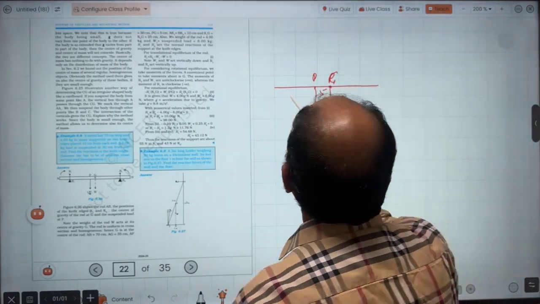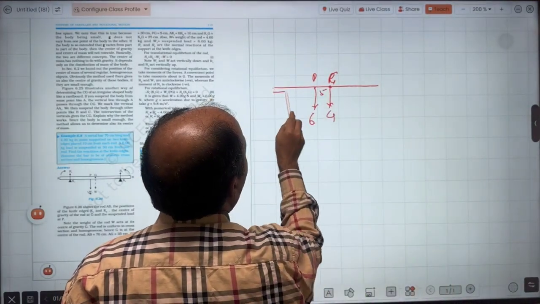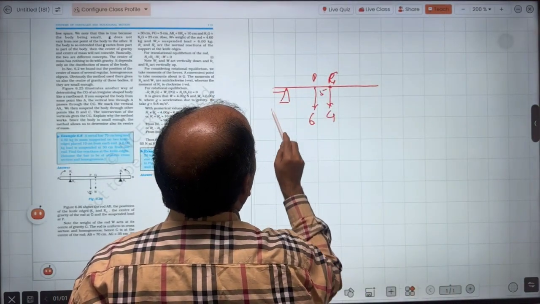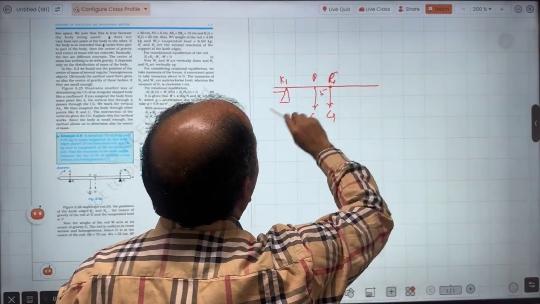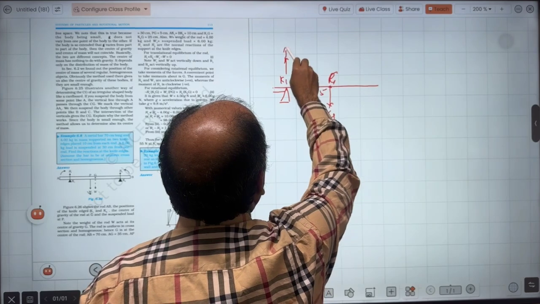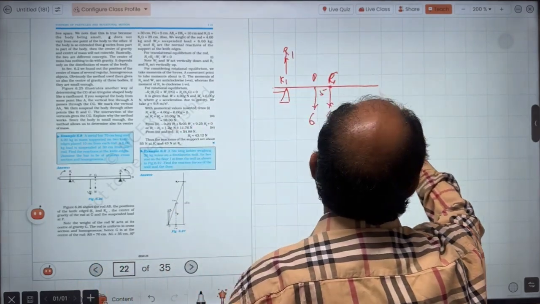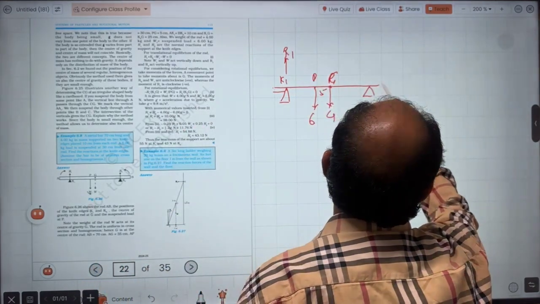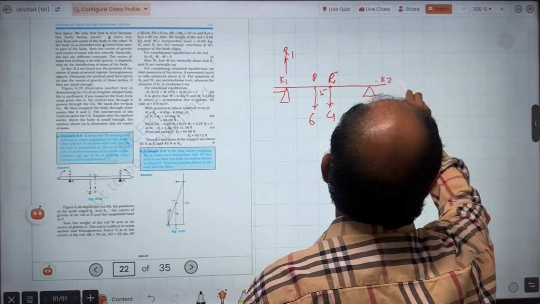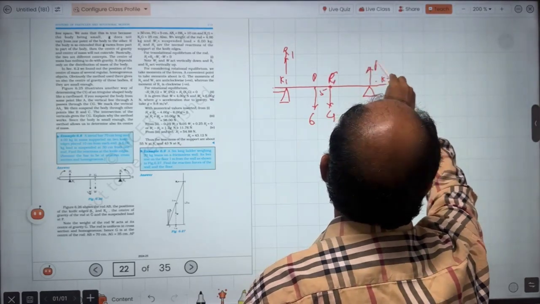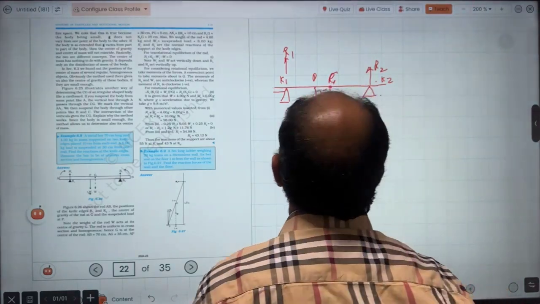This separation is 5 centimeter, and here leaving 10 centimeter, there is one knife K1, and its normal reaction will be R1 here. There is another knife here, and this distance is also 10 centimeter. So this is K2, and the normal reaction will be R2, right?